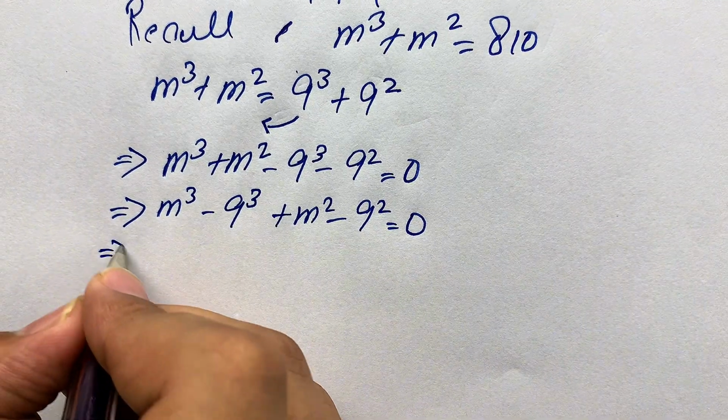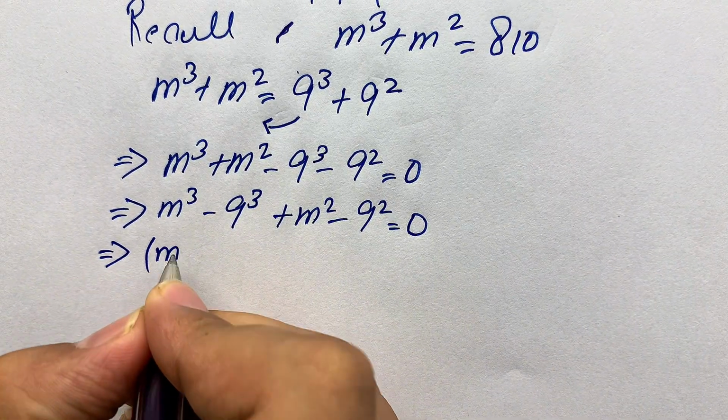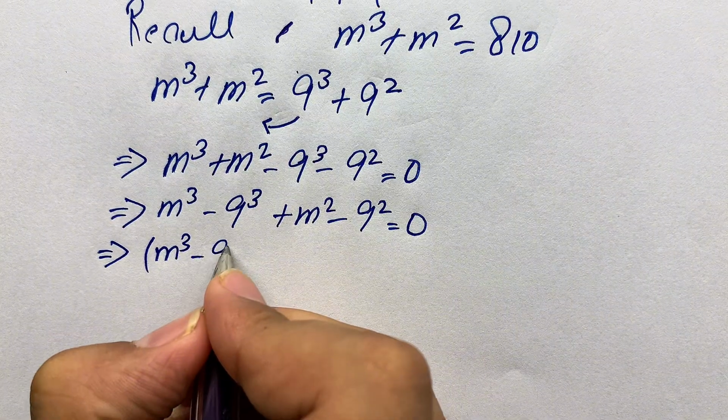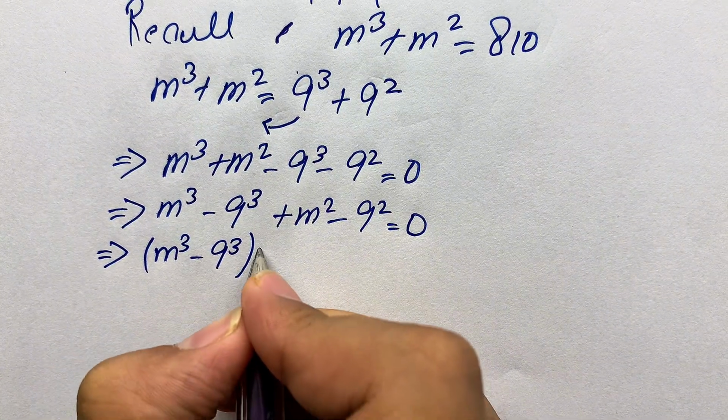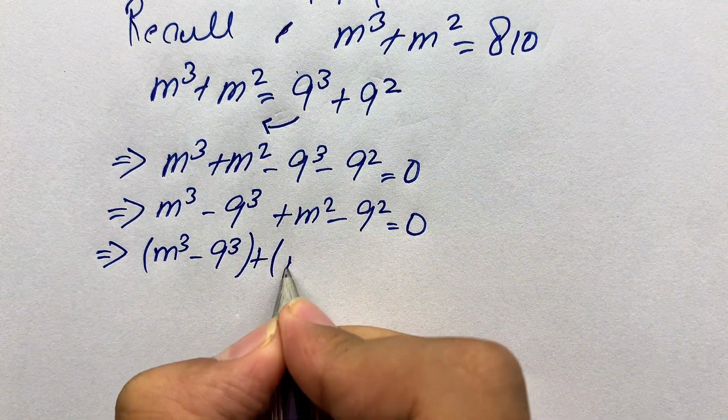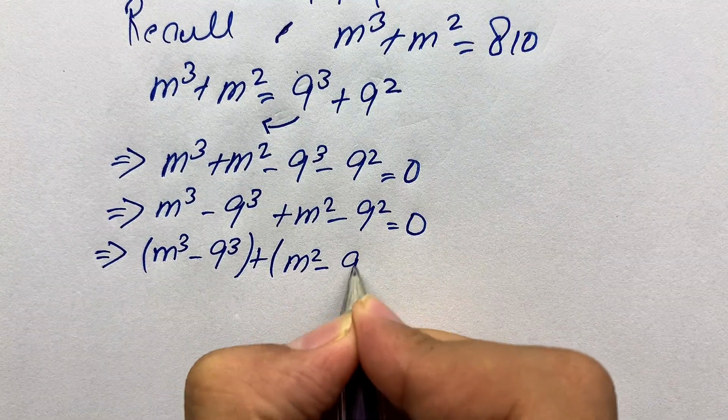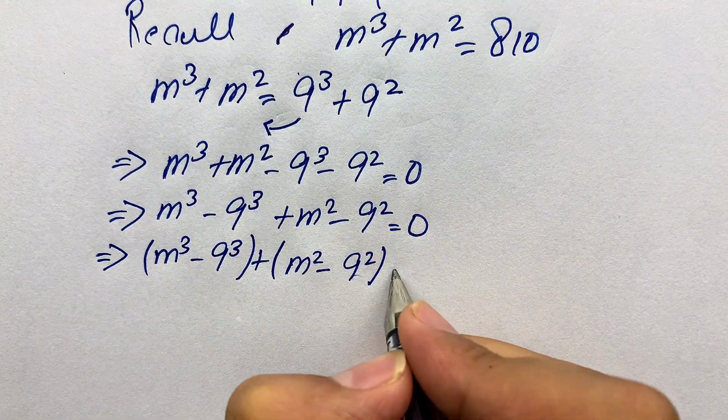So in next we write m^3 − 9^3 + m^2 − 9^2 is equal to 0.